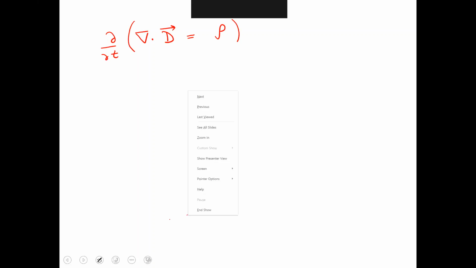Well, we have del dot D is equal to rho. If I take the derivative of that, again remember this is derivative with space, this is derivative with time, I can interchange that.